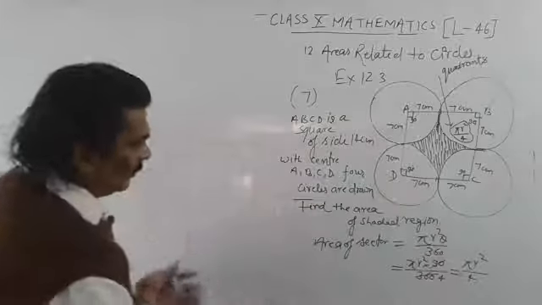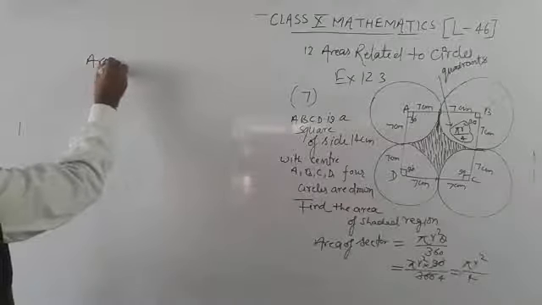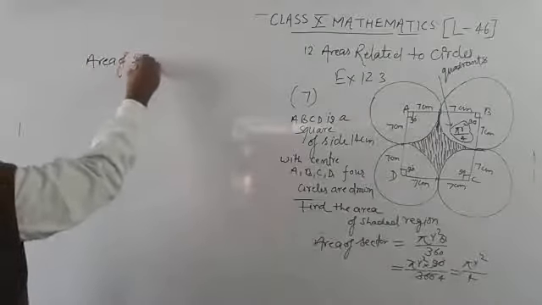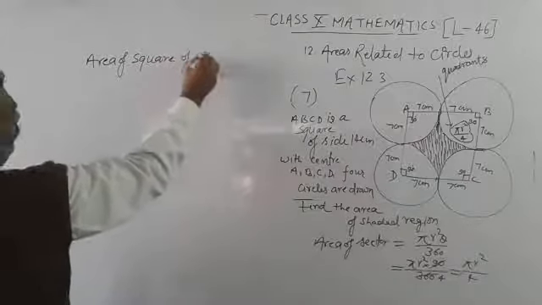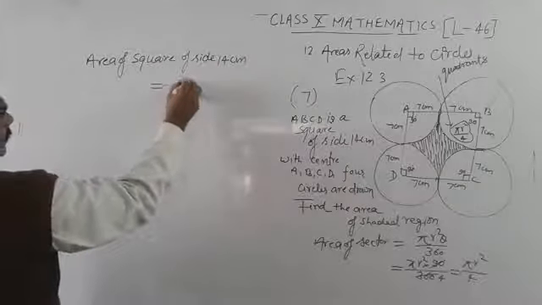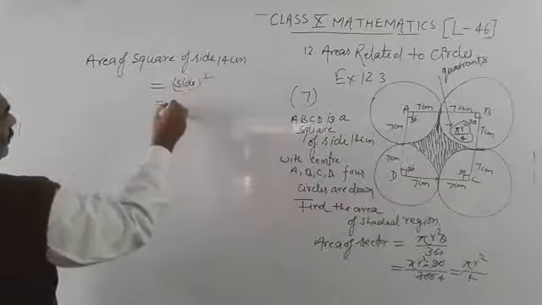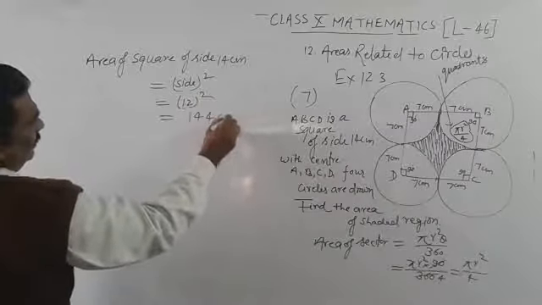So okay students, now we start solving. First, area of square of side 14 centimeter. Now side square, it means 12 square, that is 144 centimeter square.